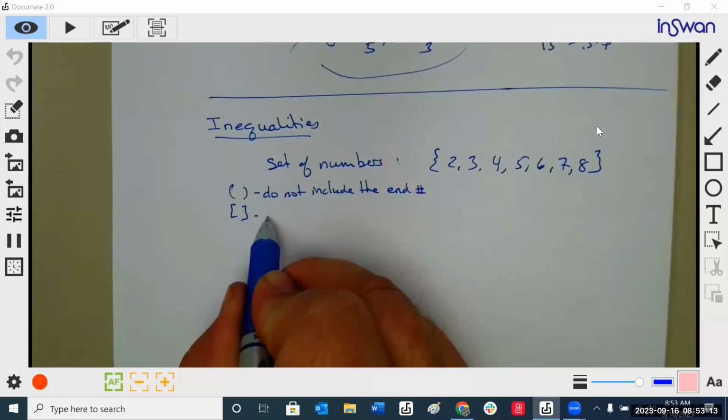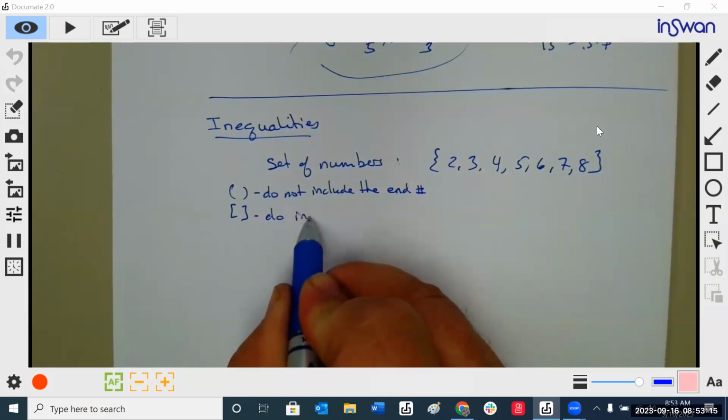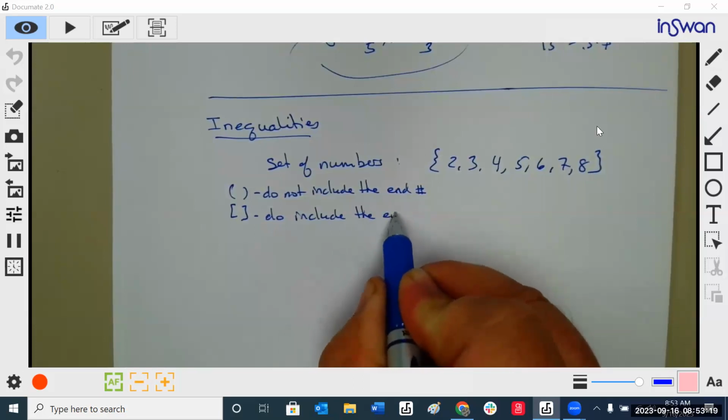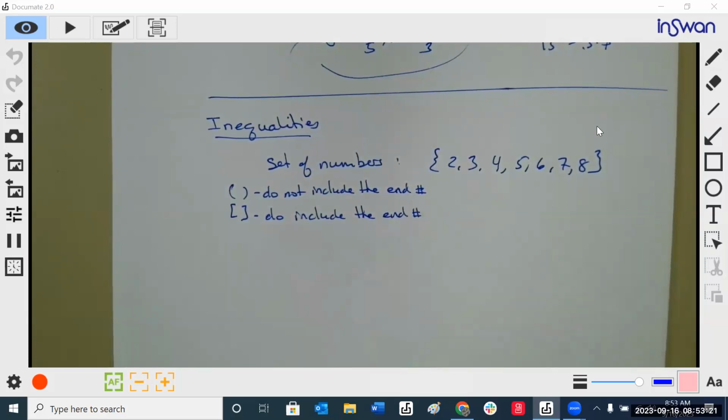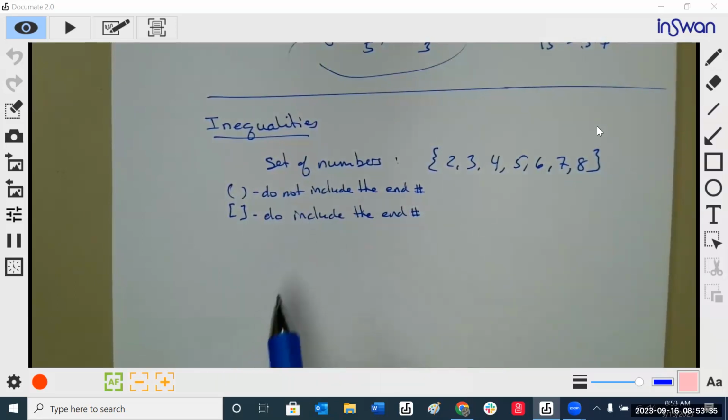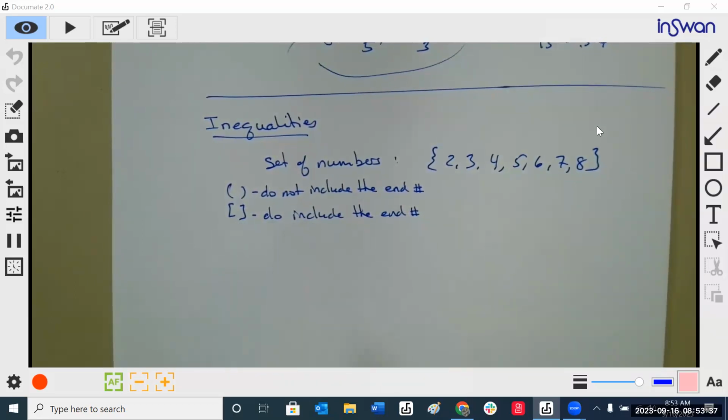The brackets mean do include the end numbers. So the parentheses do not include the end numbers, and the brackets mean do include the numbers.